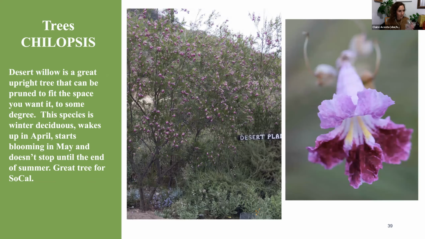Chilopsis linearis is the desert willow. Great tree. You can see the lovely structure, and it is winter deciduous also, so it's bare in the winter, but when it turns back on sometime in spring, it starts flowering, and it has these lovely trumpet shaped pale pink to lavender flowers.